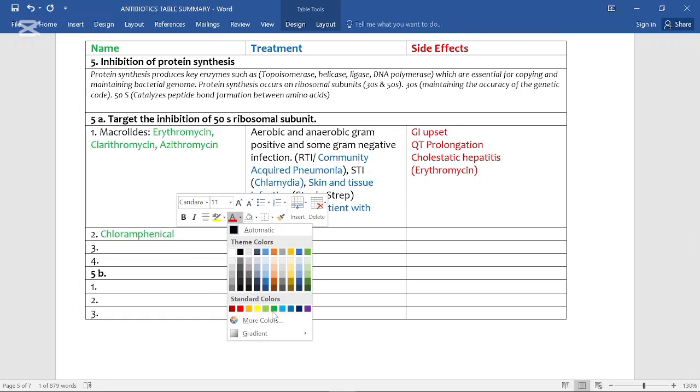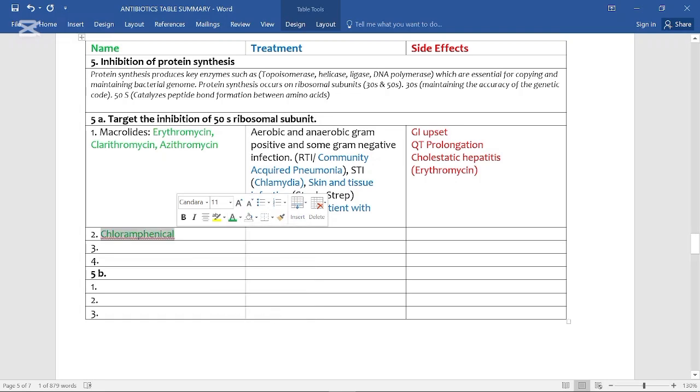Let me put it in green. So chloramphenicol. I believe this is the spelling of chloramphenicol. Yeah. So chloramphenicol is another drug that belongs to those that act by inhibiting the 50S ribosomal subunit.